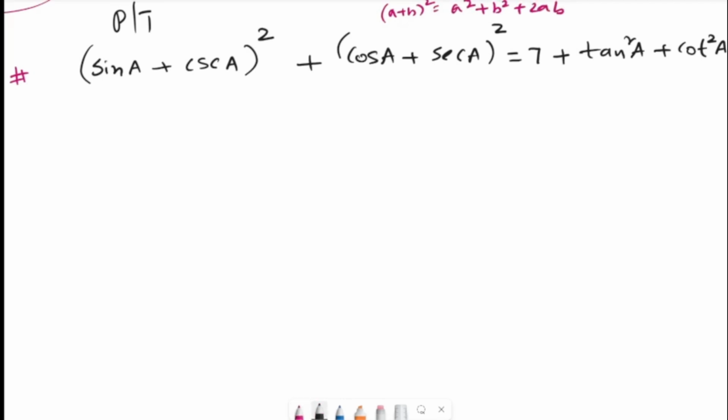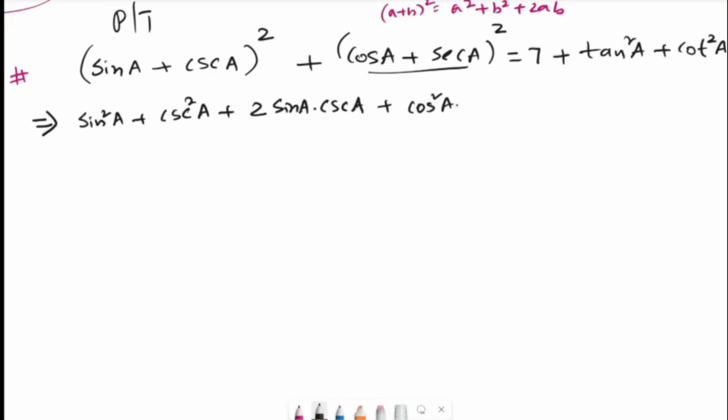Expand this: sin square A plus cosecant square A plus 2 sin A cosecant A. Likewise, on the right side, cos square A plus secant square A plus 2 cos A secant A.